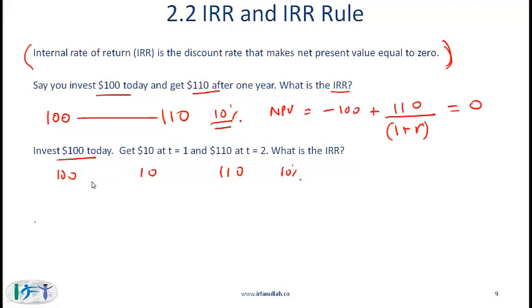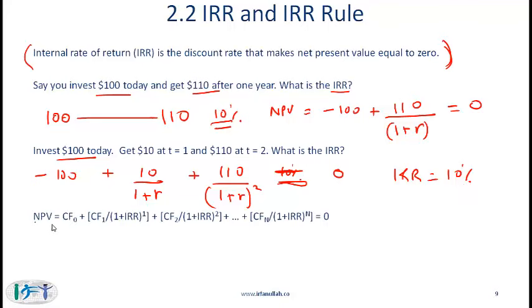Here the NPV is minus 100 plus 10 over 1 plus R plus 110 over 1 plus R squared. Now the value of R, which is going to make this NPV equal to 0, is the IRR. And notice again that when you plug in 0.1, that is what is going to make the NPV equal to 0. So here again we can say that the IRR is equal to 10%.